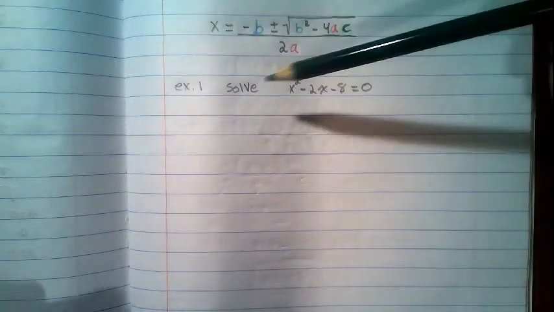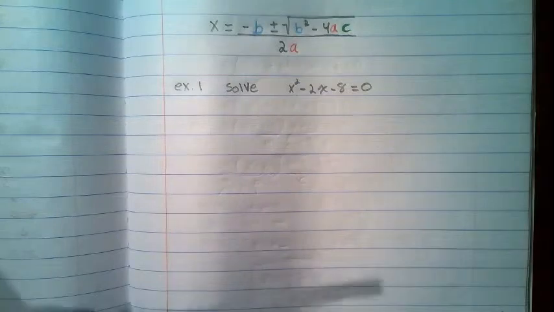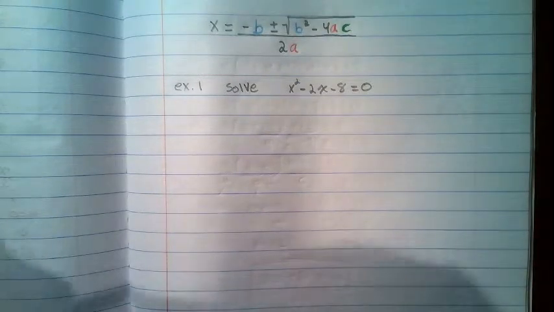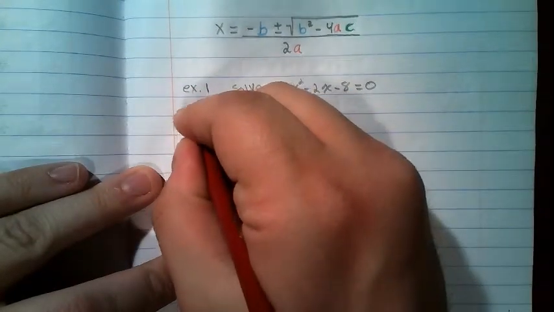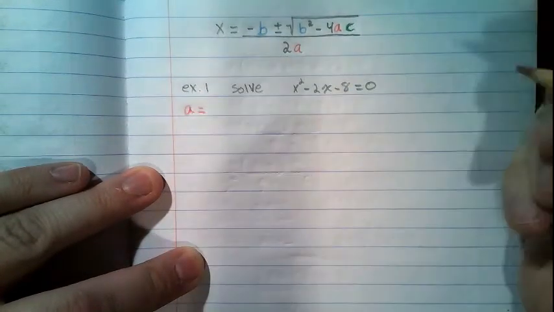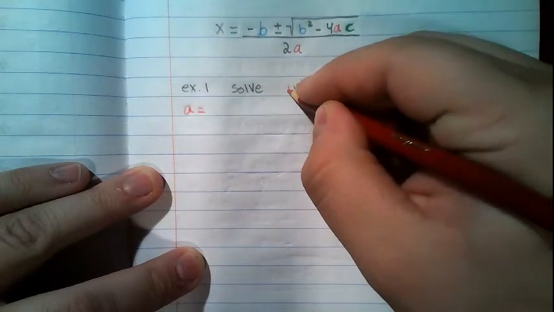What I like to do when starting off a problem, especially using the quadratic formula, is label my a, my b, and my c. I'm going to do that right on the side here. So a is equal to, well, there's no number here, so a is equal to 1.